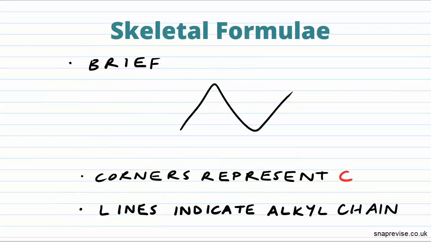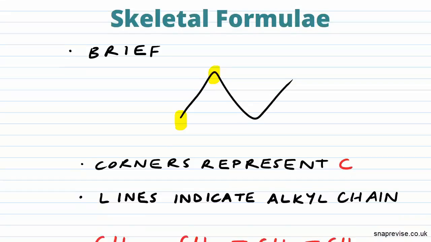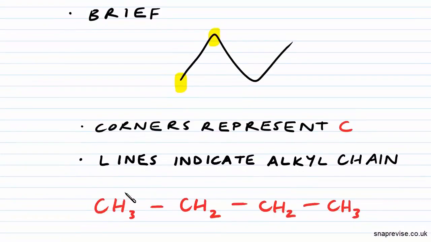Well, it's actually quite brief, and this little zigzag here is a type of skeletal formulae. The corners and the ends of our lines, such as here and here, represent where a carbon is located, and the lines indicate alkyl chains, and we fill in the gaps with our hydrogens. So this squiggle is the skeletal formulae of this compound, CH3, CH2, CH2, CH3, which we know to be butane.